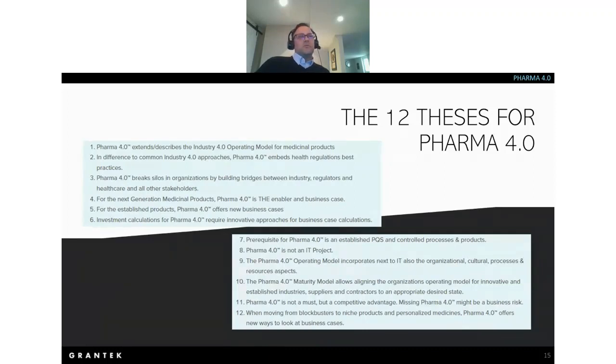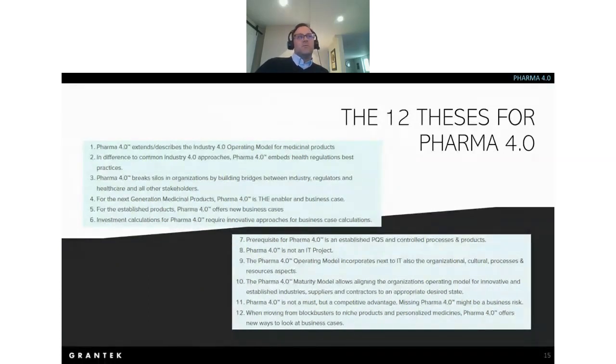The Special Interest Group emphasizes that Pharma 4.0 extends and describes the Industry 4.0 operating model specifically for medicinal products. Different to common Industry 4.0 approaches, Pharma 4.0 embeds the best practices required to meet regulatory requirements.